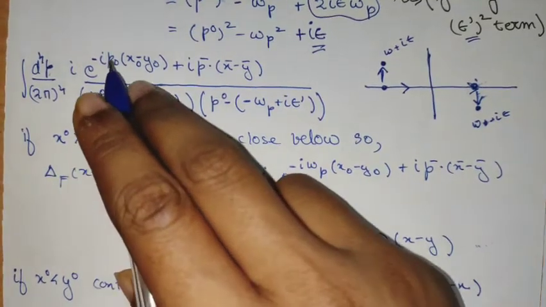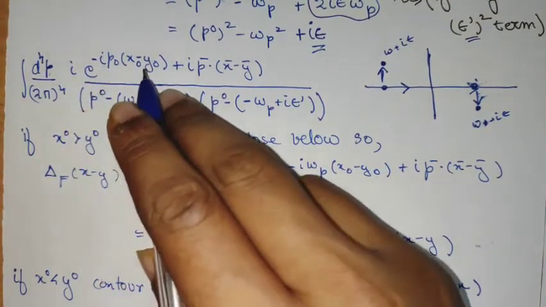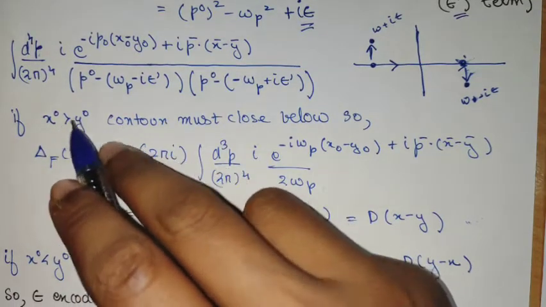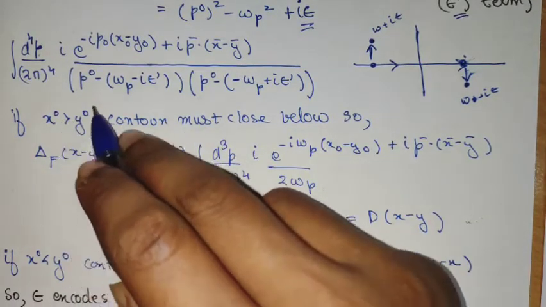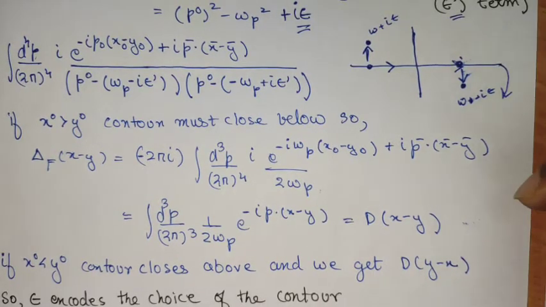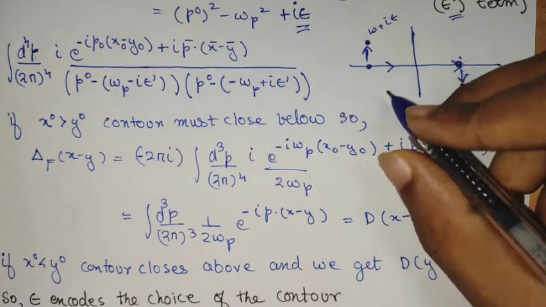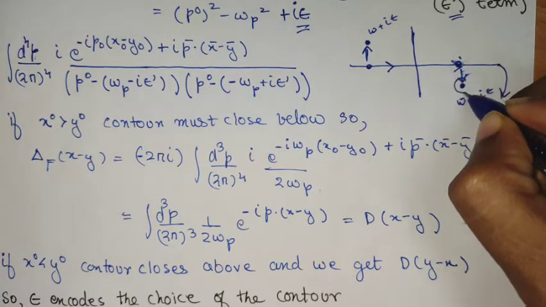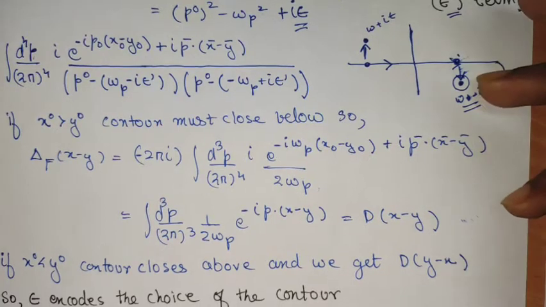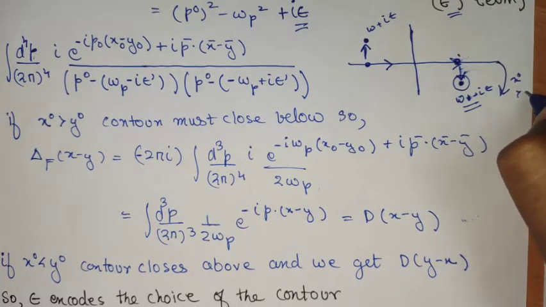Now as the argument we have e to the power minus i p dot x. For x0 greater than y0, we discussed in the previous video that the contour closes below. Even in this case this happens, the contour closes below, and I get a contribution exactly from this root, that is omega minus i epsilon. And this is for x0 greater than y0.